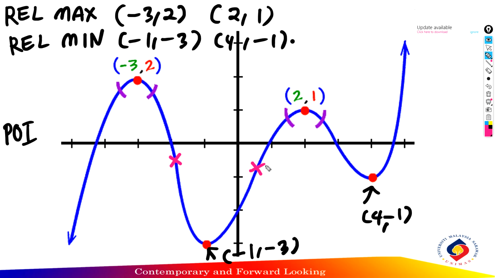The first point maybe at x equals negative 2, y equals negative 1/2, and the second point maybe at 1/2, negative 1/2.